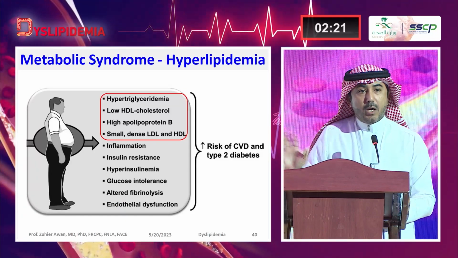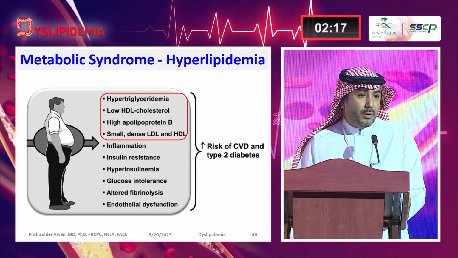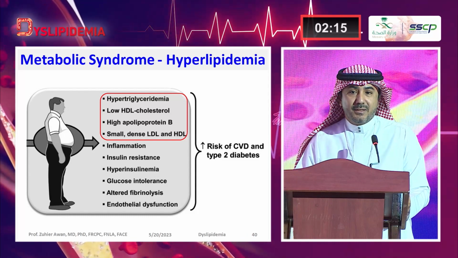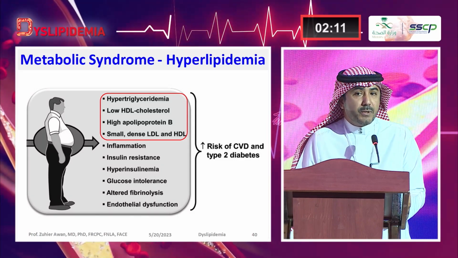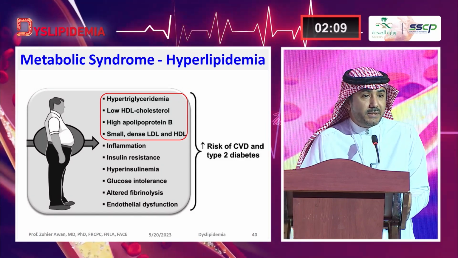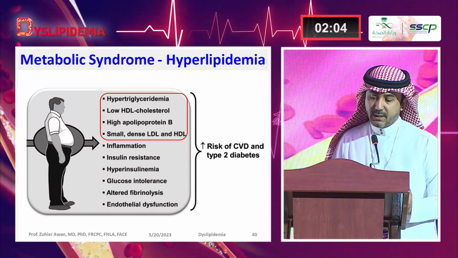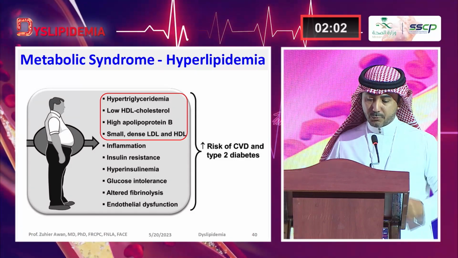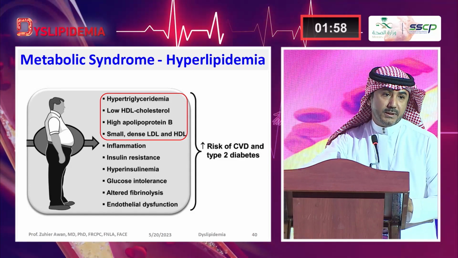So I will have to concentrate on metabolic syndrome. When you see a patient, you have to measure waist circumference. As we said, we have a high prevalence of obesity and diabetes, and it all starts from visceral obesity. So if your waist circumference is abnormal, then you will start the whole journey of cardiovascular morbidity.